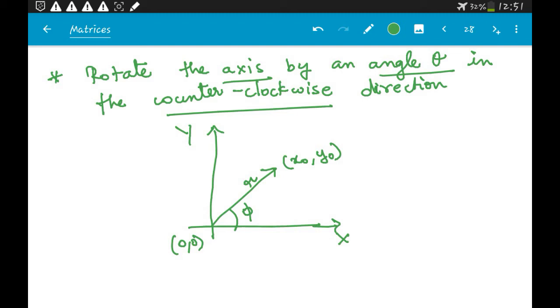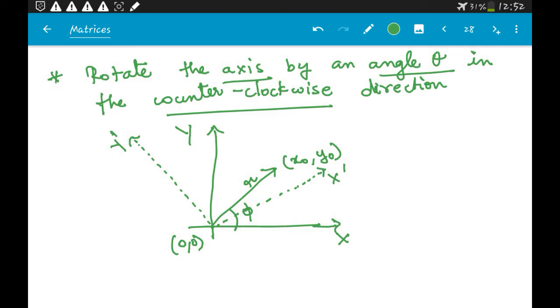Now what do we have to do? We have to rotate the axis in the counterclockwise direction by an angle theta. If we rotate the axis itself, then this becomes our x dash, and this is our y dash.